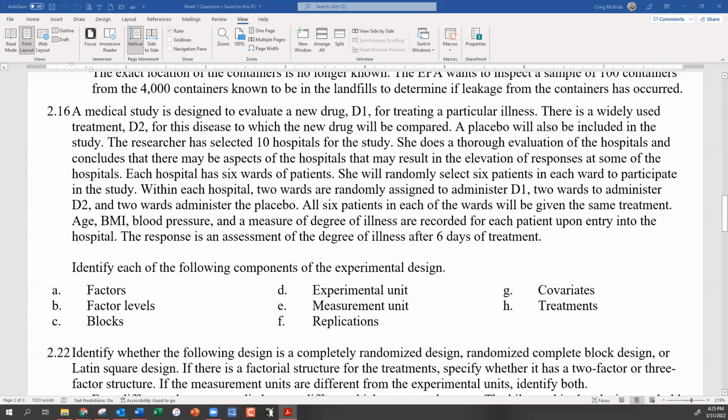So the factors, go ahead, Dwayne, or somebody. So I'm thinking the factors are each of the measurements. So age, BMI, blood pressure. Those are all of the sort of inputs. Good start, but factors, remember, are the things that we have control over as the experimenter.